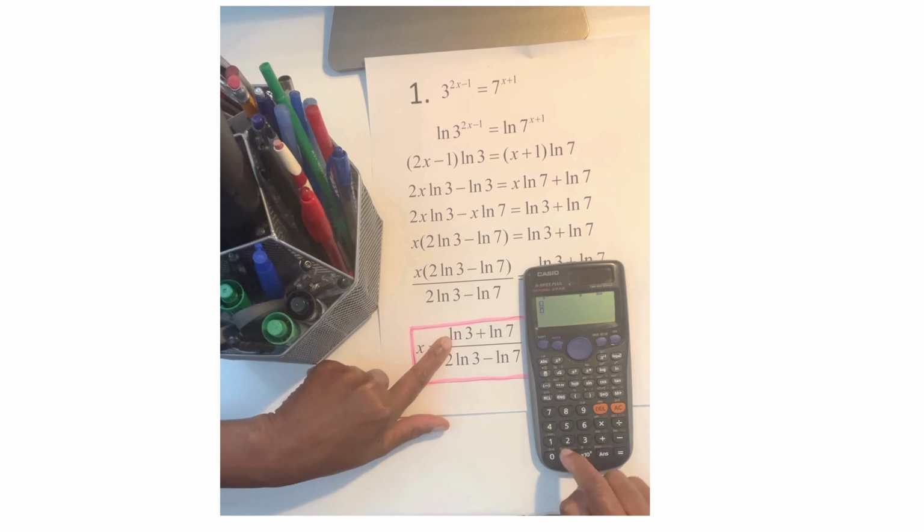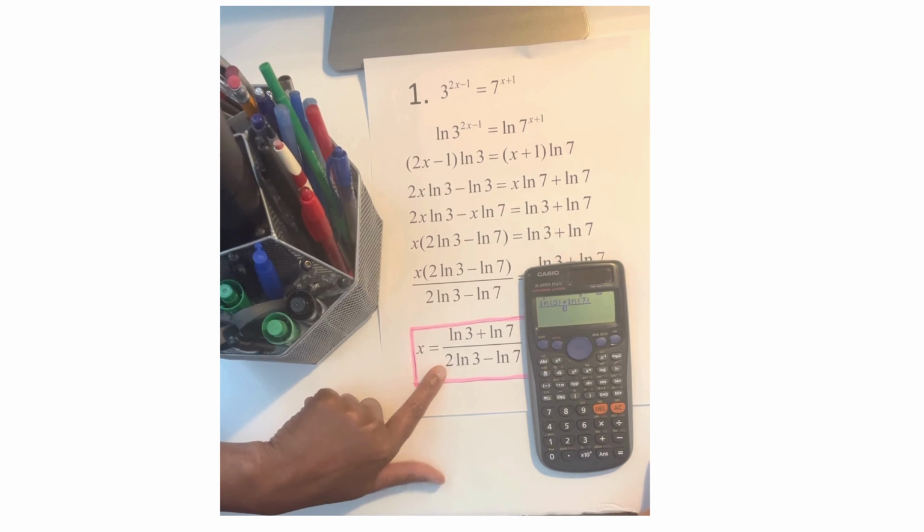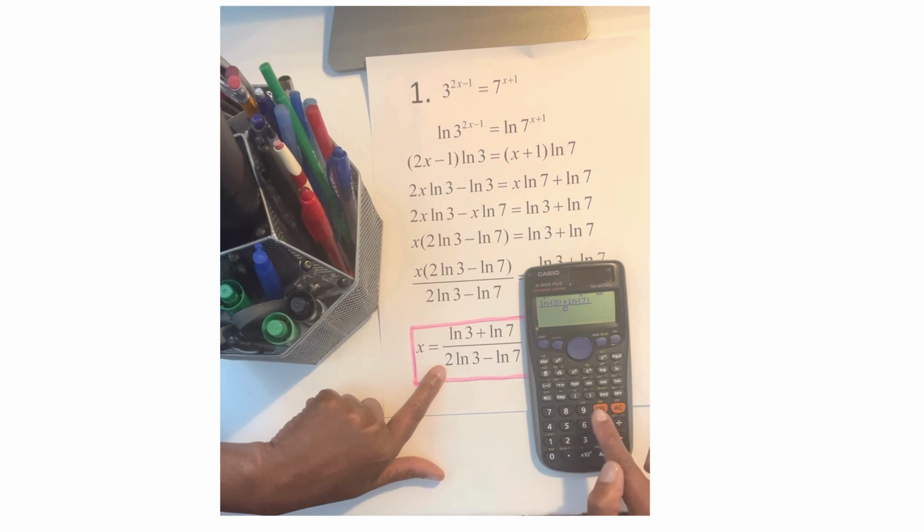So I'm going to go ahead and enter the numerator. That's going to be ln 3, close parentheses, plus ln 7, close parentheses. And now I'm going to move to the bottom, the denominator, and enter it exactly the way it is here.